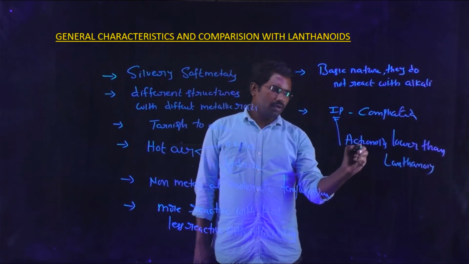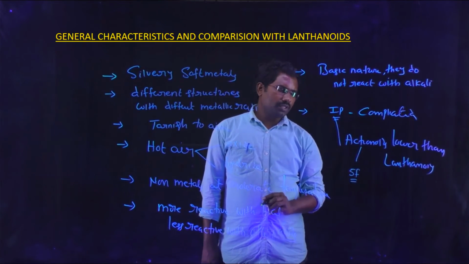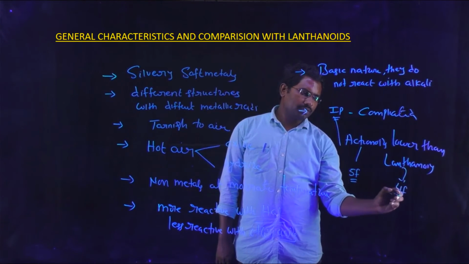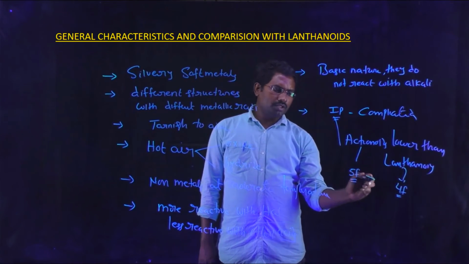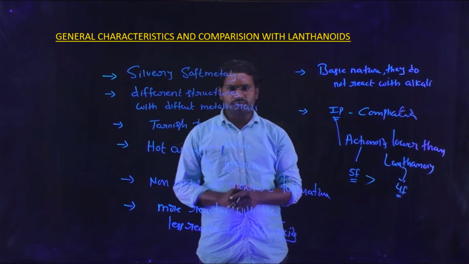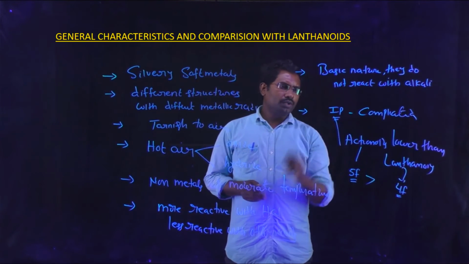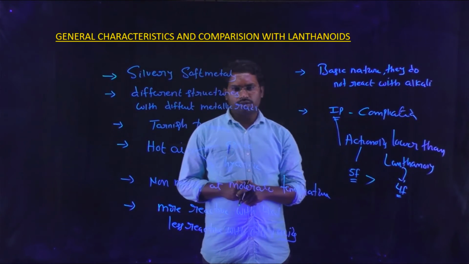Because in actinoids, the poor shielding effect of the 5f orbital takes place, and in lanthanoids the poor shielding effect of the 4f subshell takes place. The poor shielding effect of the 5f orbital is more than that of the 4f orbital. So based on that point, the ionization potential of actinoids is very low compared with lanthanoids.